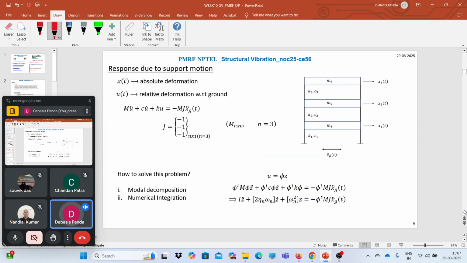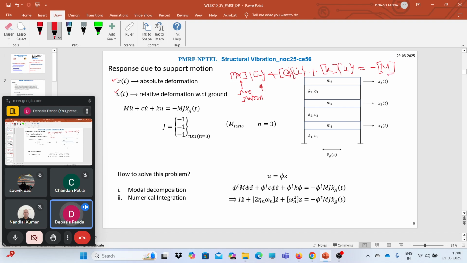Now, if we have a multi-degree of freedom system, similarly, if we consider that xt is the absolute displacement of each story or each degree of freedom, and ut is the relative displacement, then the equation of motion for this multi-degree of freedom system will look like this: M u double dot, this is the mass matrix, this is acceleration, plus C u dot, this is also a matrix, and u is the vector, plus K u equals minus, again the mass matrix.